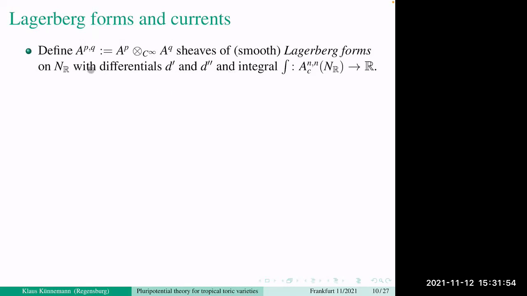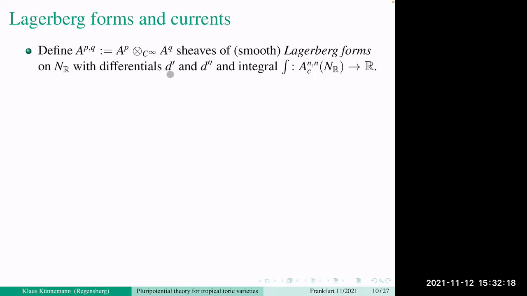So you want to define forms on N_R. So on open subsets on this finite dimensional real vector space, you take the classical sheaf of differential forms in degree p, and you tensor it over the C infinity functions with itself, maybe now in a different degree. And what you get, these are the (p,q) forms of Lagerberg.